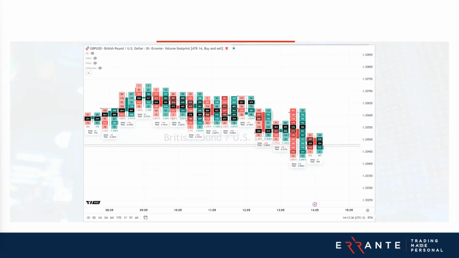Now let's start with the volume footprint chart. This tool gives us a detailed look at market participation by showing us the volume traded at each price level within a given time period.